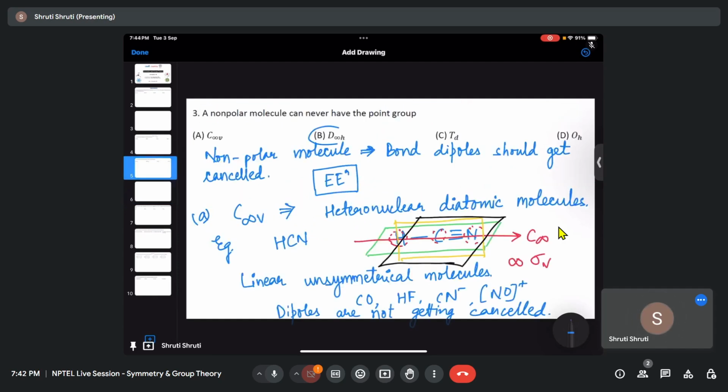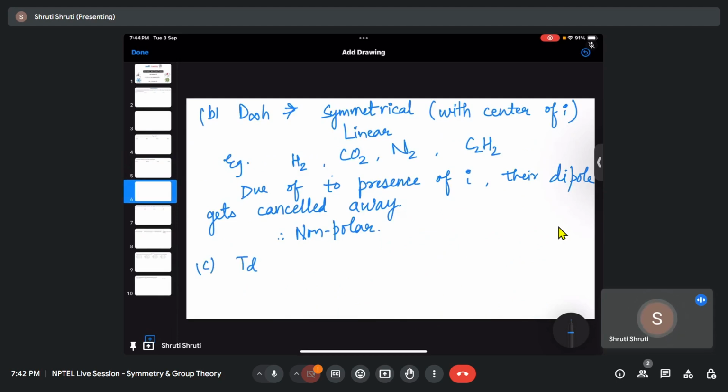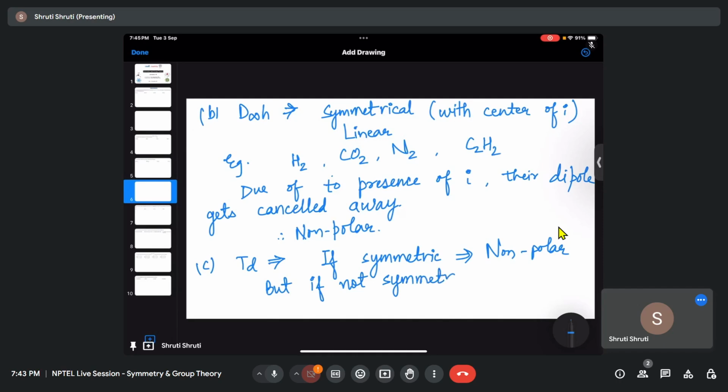So a non-polar molecule can have this. Tetrahedral: if it is symmetric, it will be non-polar, but if it is not symmetric, it will be polar.